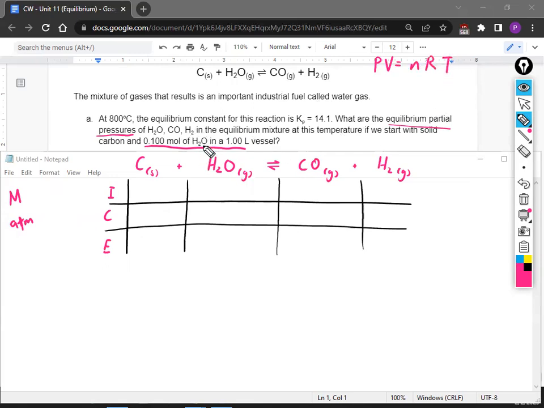So based on this information, I want you guys to calculate the partial pressure of H2O at the beginning of the system, and then plug it into the ice table, okay?